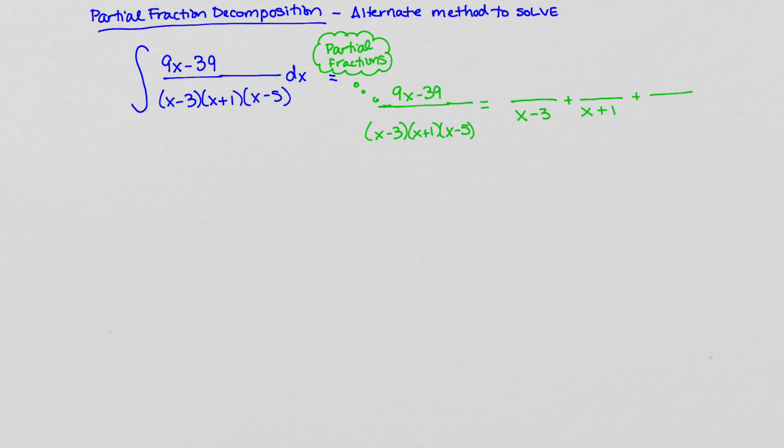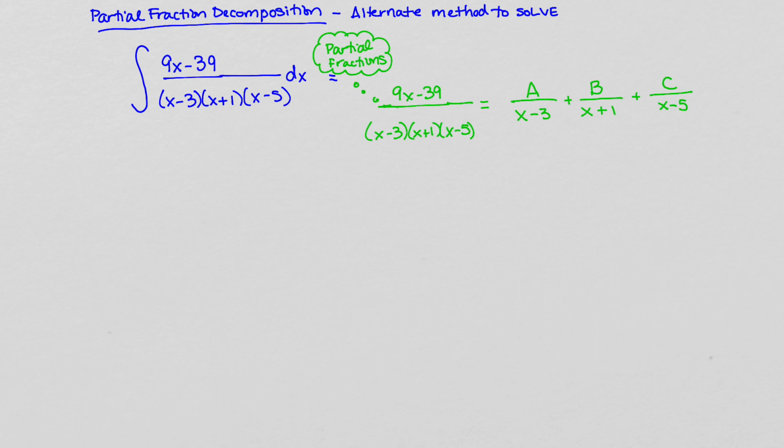So I'll put x minus 3 under the first fraction, x plus 1 under the second, and x minus 5 under the third. And then in the numerator, remember, we have to put an expression that is 1 degree less than the denominator, and therefore I need to put constants a, b, and c in the numerator.